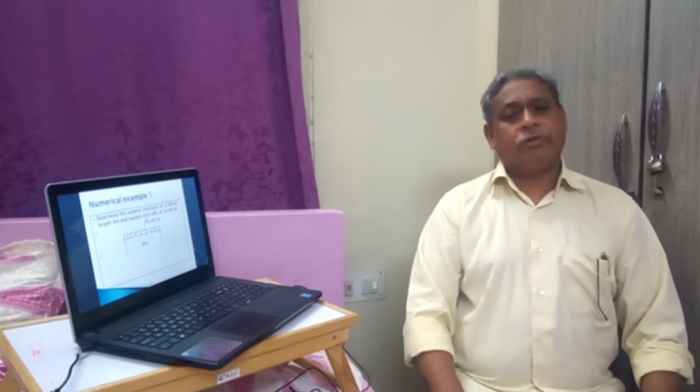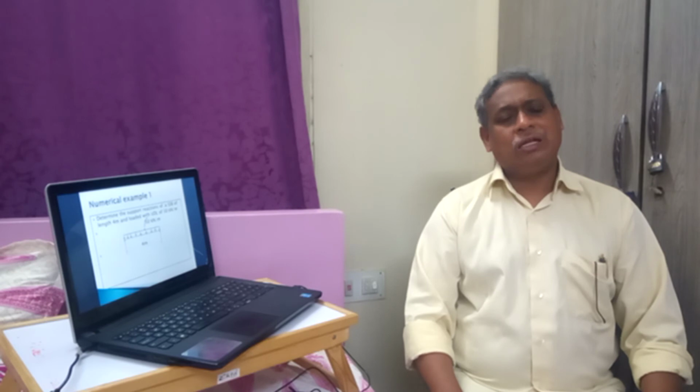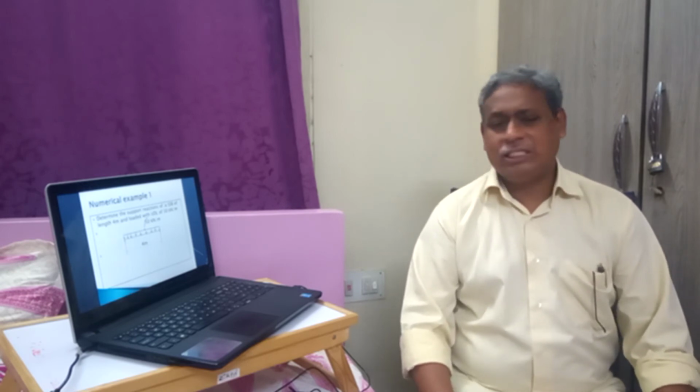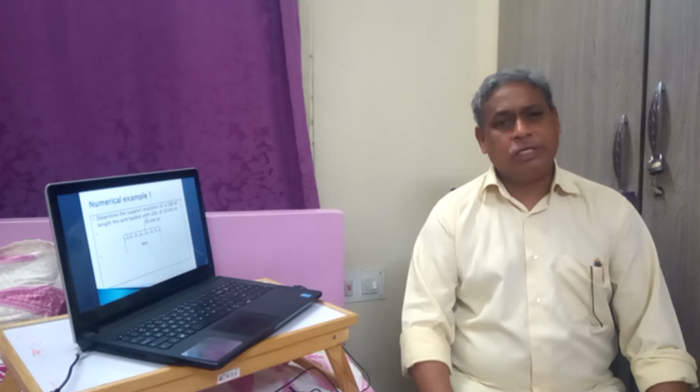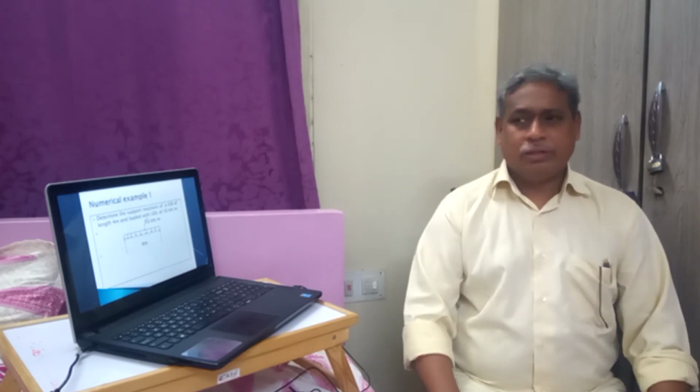That is why we designate the point load as capital W and the UDL intensity as small w in the lower case. That is the notation we follow to distinguish between the point load and UDL.